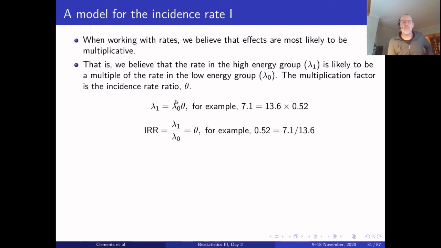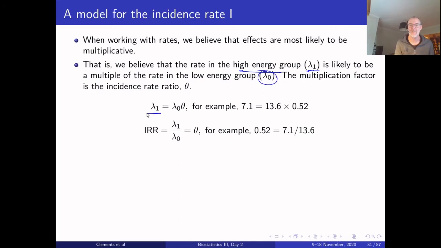When working with rates, the historical assumption has been that it often makes most sense to assume that they would tend to be multiplicative. So that means the rate for the high energy group, lambda 1, is likely to be a multiple of the rate for the low energy group, lambda 0.